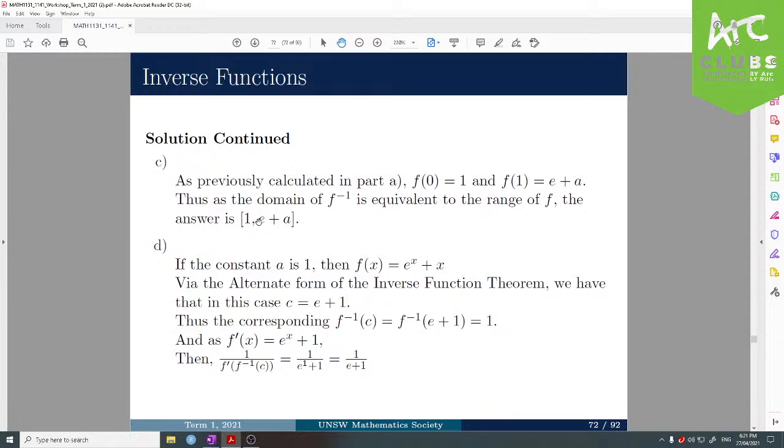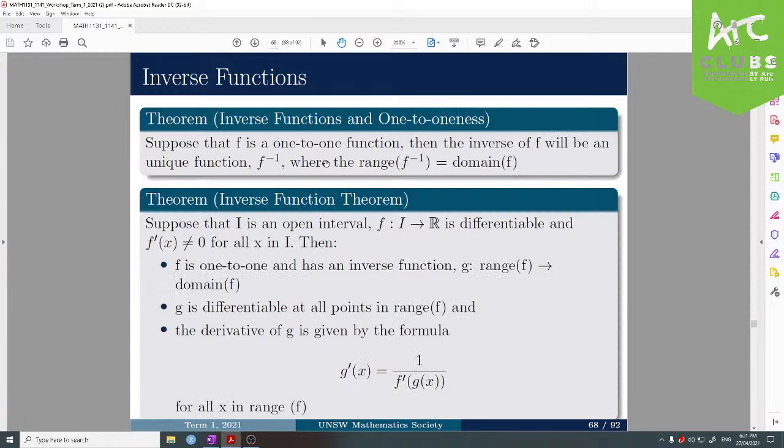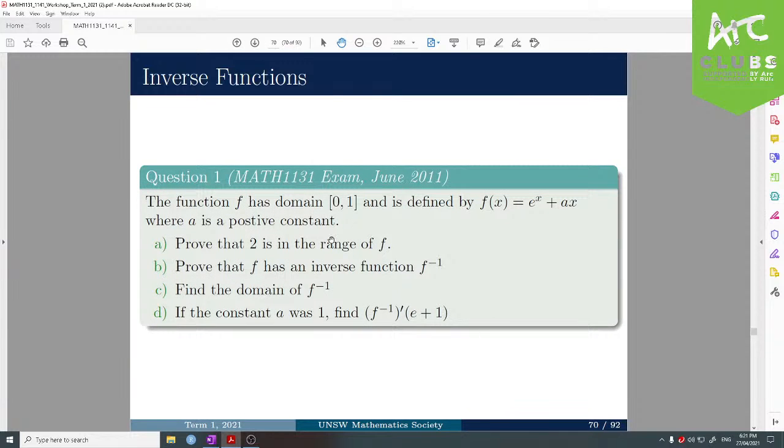And so the range of f must be 1 to e plus a, and so equivalently, the domain of f inverse must also be 1 to e plus a. Because like I said, from the first theorem, the range and domain will flip around when you take its inverse. Okay, so that's part C.